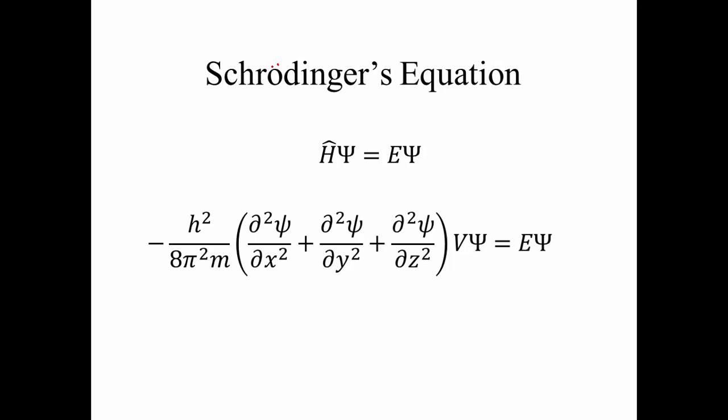Here's another development from quantum mechanics, which is the Schrödinger equation. Yes, that's the same Schrödinger from the Schrödinger cat thought experiment. The basic Schrödinger equation is that you have a Hamiltonian operator working on a wave function, psi, that determines the eigenvalue or energy level of that wave function.